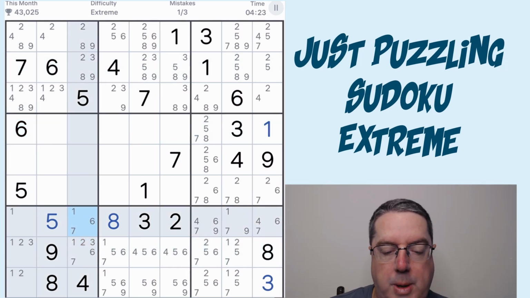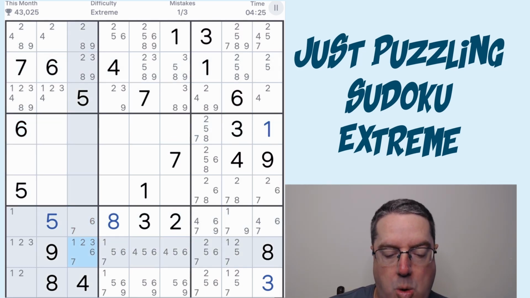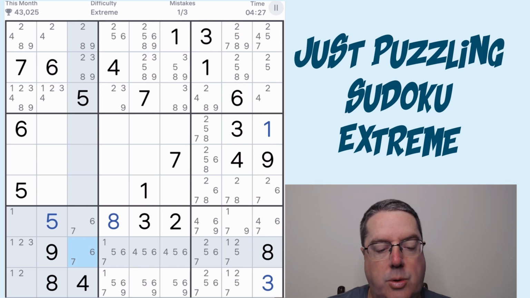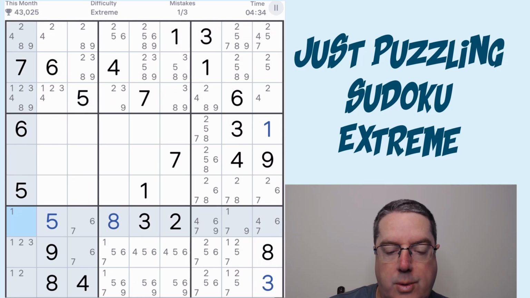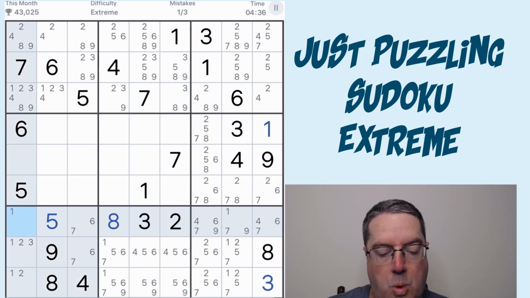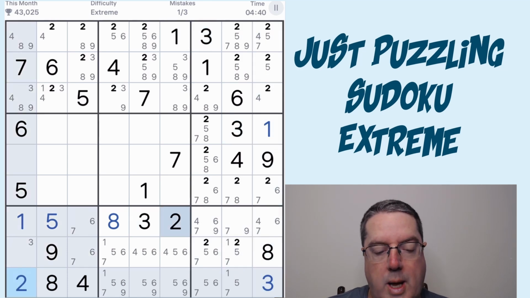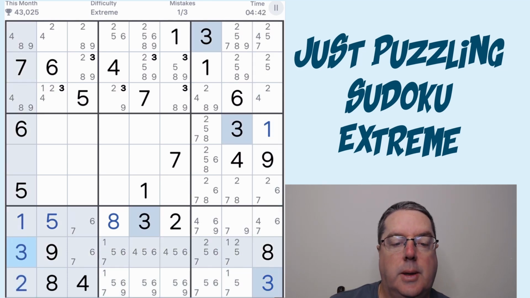So that cannot be a 1, and that cannot be a 1, 2, 3. So this is going to be 1, 2, 3, 4, 5, 6, 7. So if that's a 2 and a 3, that must be a 1. That must be, because of the 3 there, a 2, and that must be a 3.